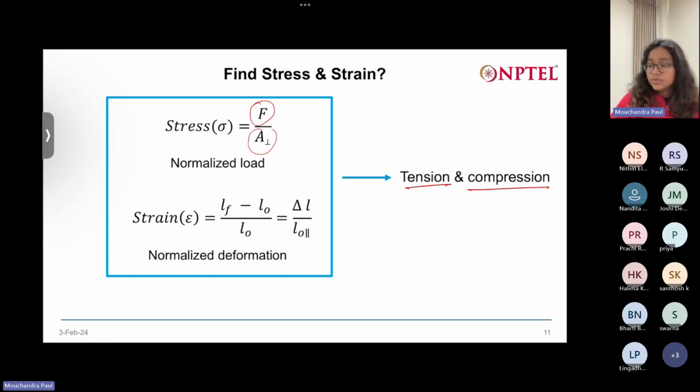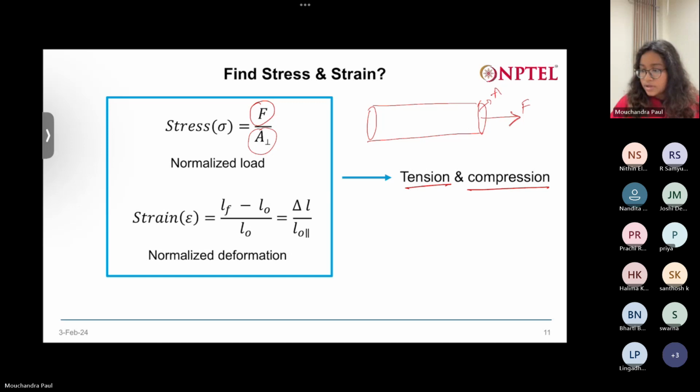So if this is a cylindrical object, and the external force you have decided to apply is in this particular direction given by my arrow, then your stress will come out to be F, the external force that you have applied, divided by the area perpendicular to the direction of this force.